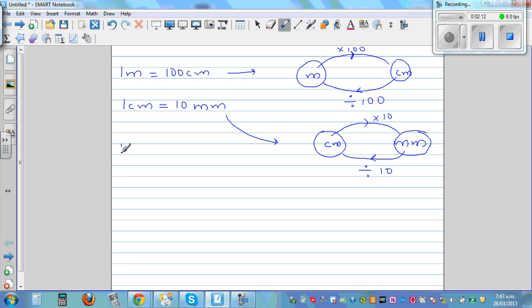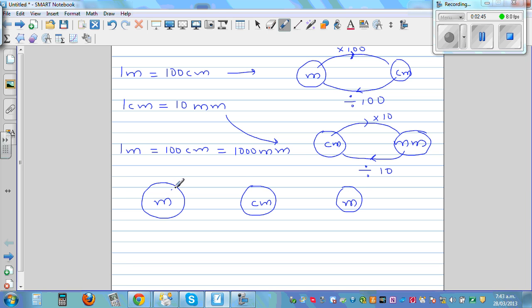The next is, let me write both of them together. So you can say 1 meter is 100 centimeters. And 100 centimeters is how many millimeters? You know 1 centimeter is 10 millimeters. So 100 centimeters would be 1000 millimeters. Now from meter you want to change to centimeter, and then into millimeter.